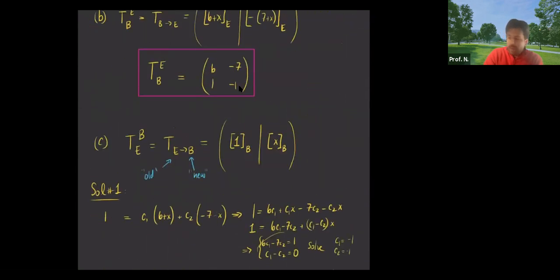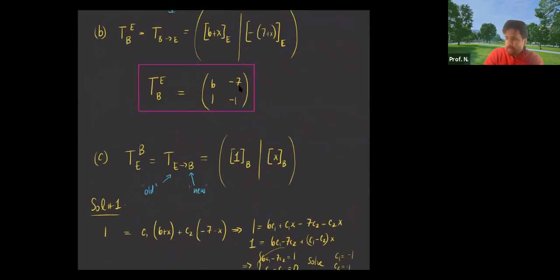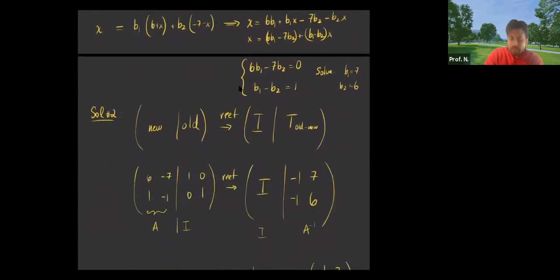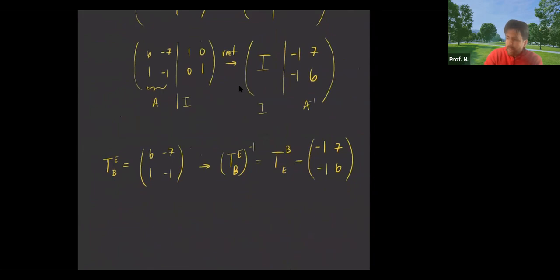So for solving, this is part C. And the rest of the problems are similar in nature. And then once you find the transition matrices, you can find the coordinates relative to that new basis. So that's how you use the transition matrices.